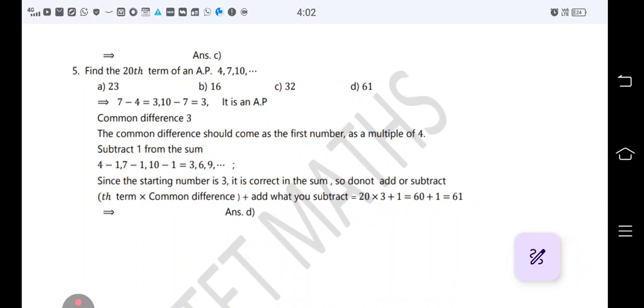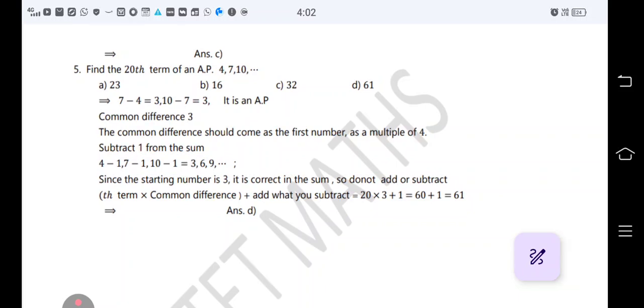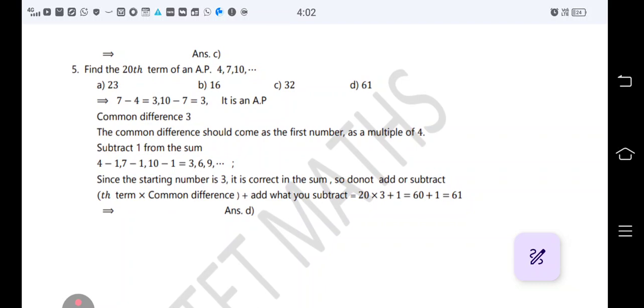First of all, we want to check whether it is an AP or not. AP means third term minus second term is equal to second term minus first term. That is 7 minus 4 equals 3, 10 minus 7 equals 3, both are equal, the common difference is equal, therefore it is an AP.